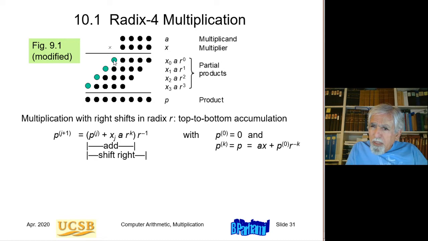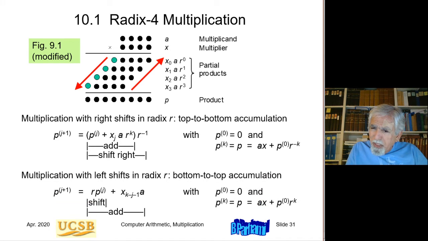So basically, once we form this partial product, we shift it to the right by 1 digit before adding the next one. We shift the sum of these two to the right by 1 digit before adding the third one, and so on. And multiplication with left shift is very similar to radix 2 as well, and this is the equation.